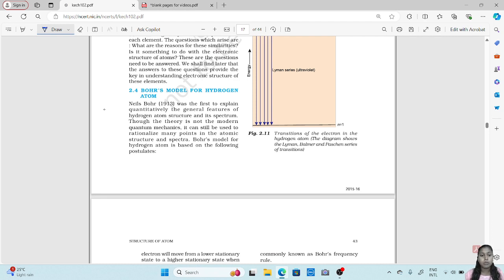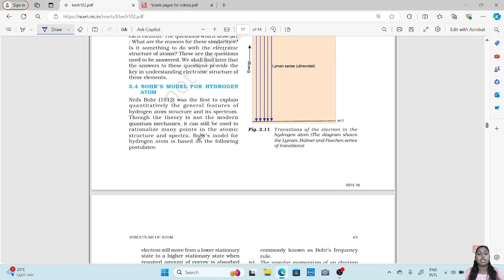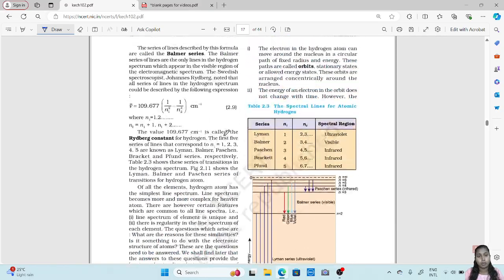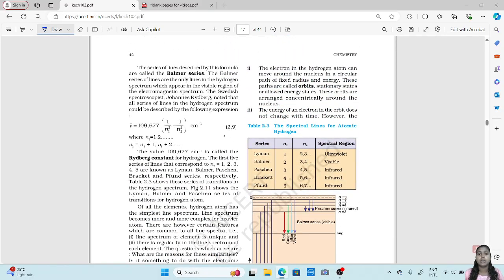Bohr's model for hydrogen atom is based on the following postulates. First one is: the electrons in the hydrogen atom can move around the nucleus in a circular path of fixed radius and energy.